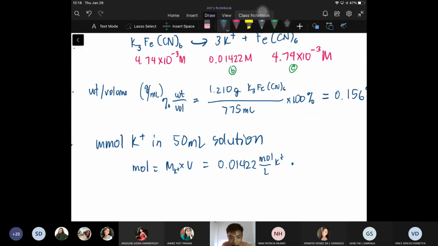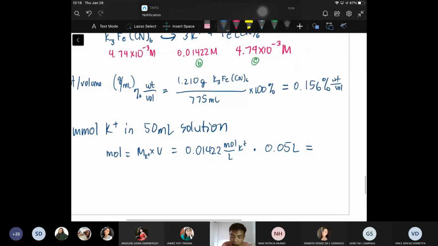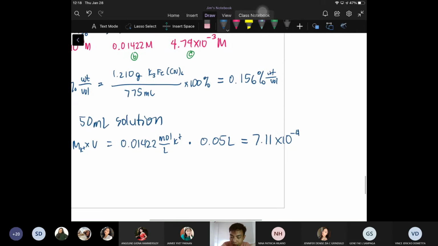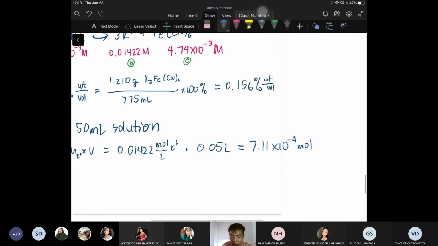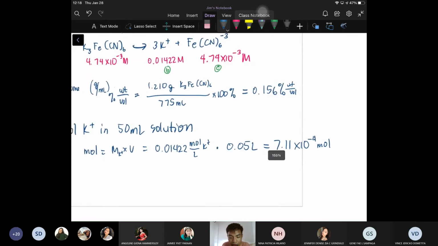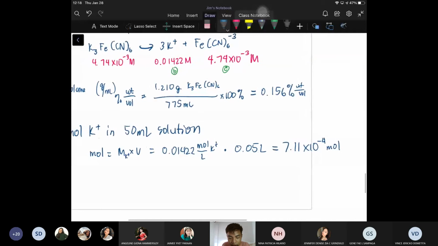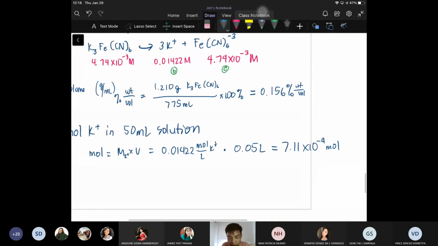Let's convert the 50 mL to liters. That will be 0.05 liters. So that equals 0.01422 times 0.05, which is 7.11 times 10 raised to negative 4 mole. So that's how it's done. How do we get the millimoles? Molarity times the volume in liters.